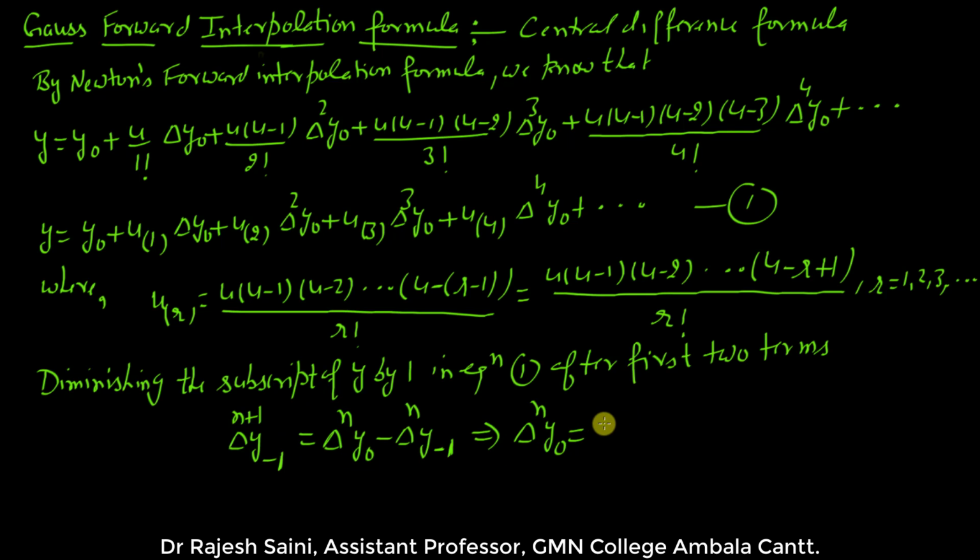This will be delta n plus 1 y minus 1 plus delta n y minus 1, where you have to diminish the subscript after the first two terms. Here delta is square, so n is equal to 2, and then n is 3, 4 and so on. Fine. So you can calculate all these values: put n is equal to 2, you will get this one, then n is equal to 3.